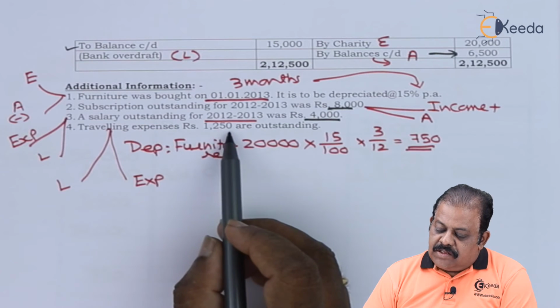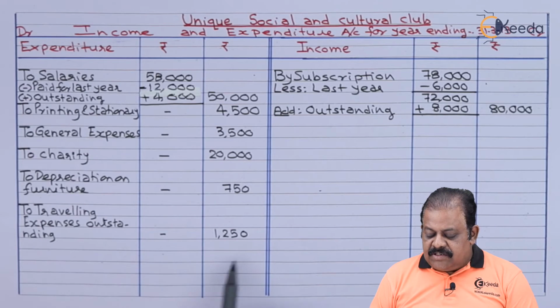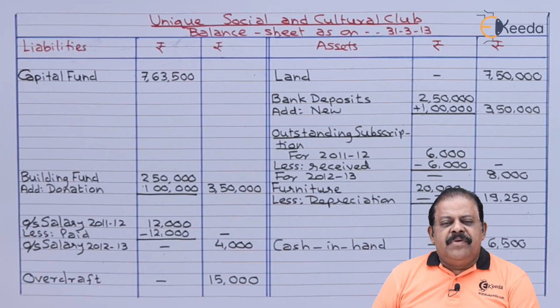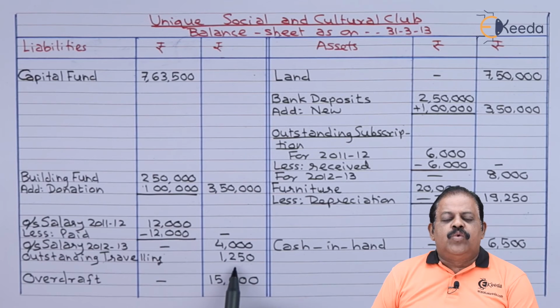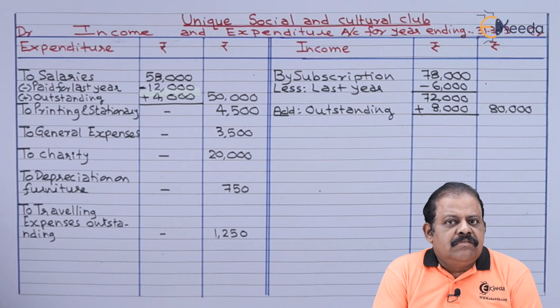Traveling expenses 1,250 are outstanding. To traveling expenses outstanding 1,250. This is recorded as expenditure. Second effect, it will be there on the liability side. Outstanding traveling expenses 1,250. We have recorded all items in the opening balance sheet and receipts and payment account.